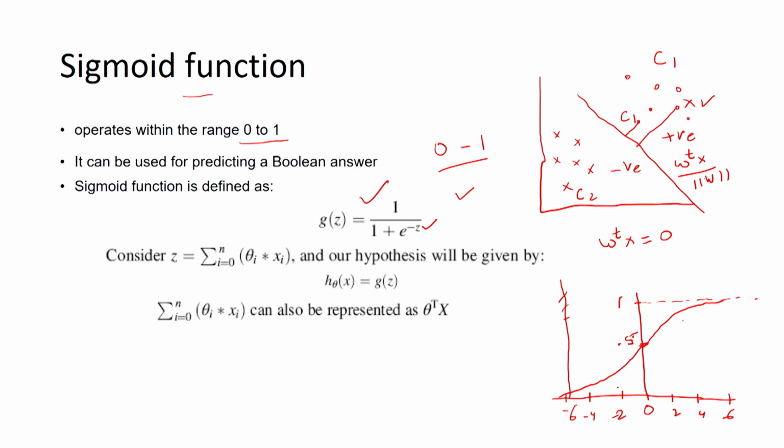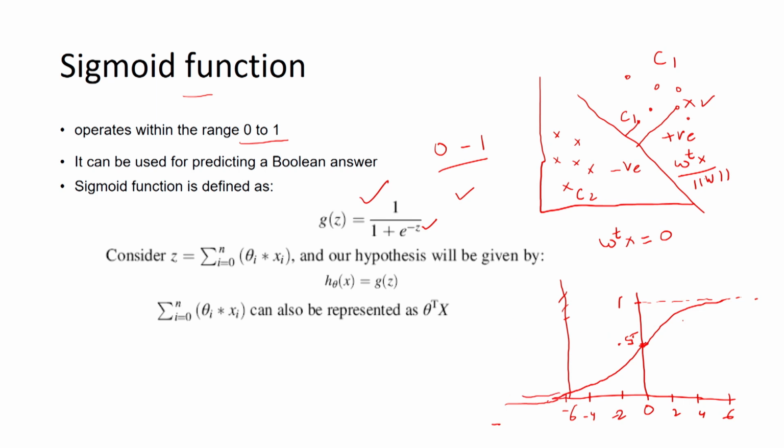In the same way, when you provide a negative value as z, then its sigmoid function value will be less than 0.5, and finally when the value of z is very high in the negative, the sigmoid function value will be close to 0.